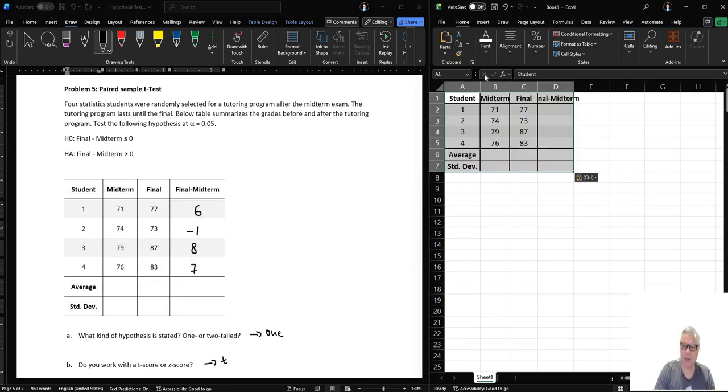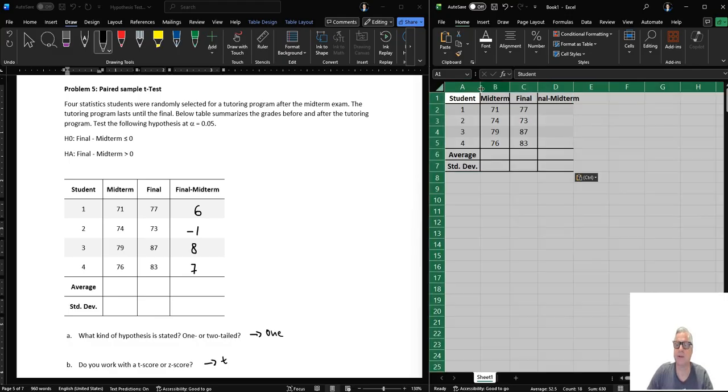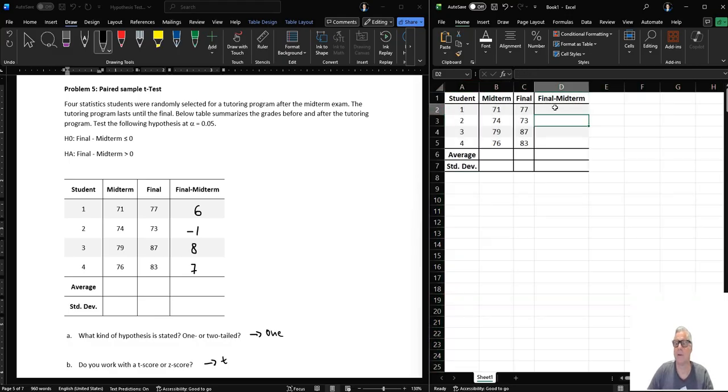So let's put our data into Excel. And then let's just calculate final minus midterm. And let's just quickly copy again the same format.